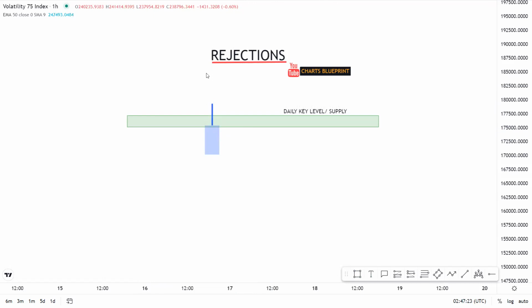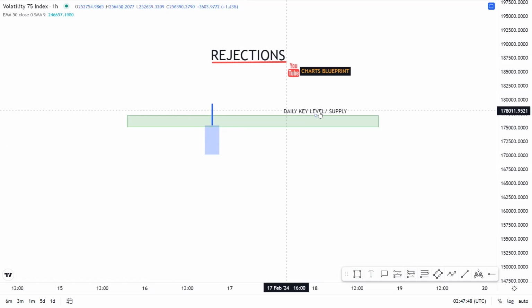But then how do we capitalize off of this? This is where you want to move down 2 time frames lower from the time frame at which you are identifying the rejection from.